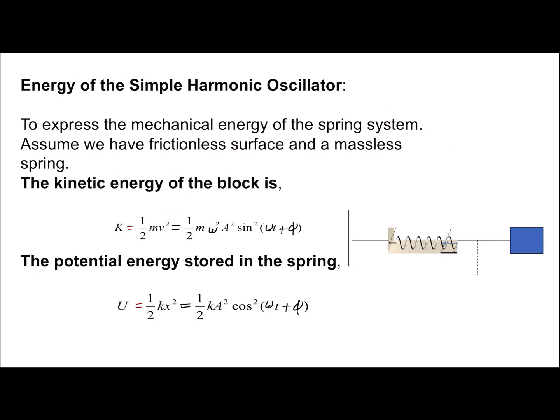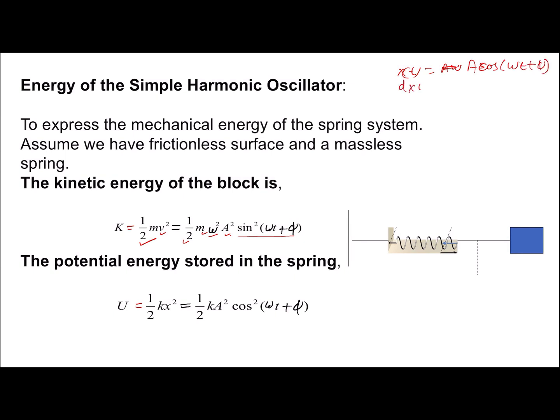The kinetic energy of this mass-spring system is half mv squared, which becomes half m omega squared a squared sine squared of omega t plus phi, because we know the displacement is a cosine of omega t plus phi.